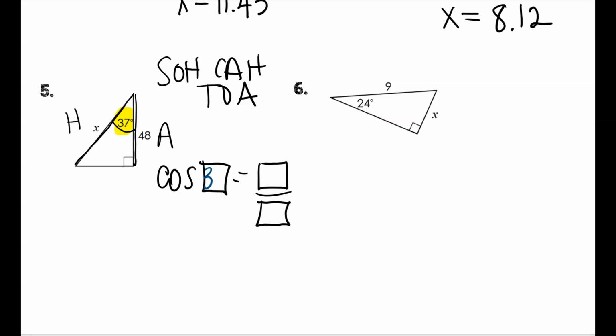Cosine of the acute angle, 37, is equal to adjacent, which is 48, over hypotenuse, which is x. Cross multiply. X is going to be in the denominator, so we have to make sure we divide after we multiply. 48 times 1 is 48.